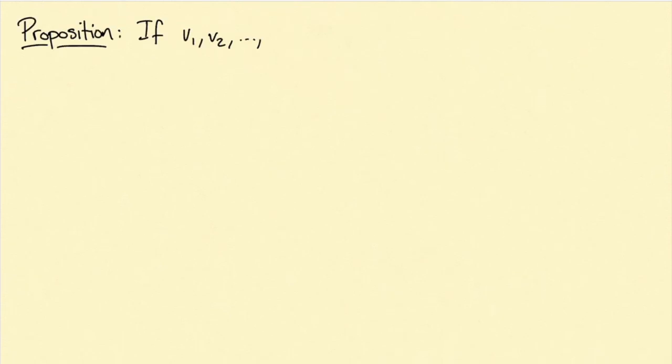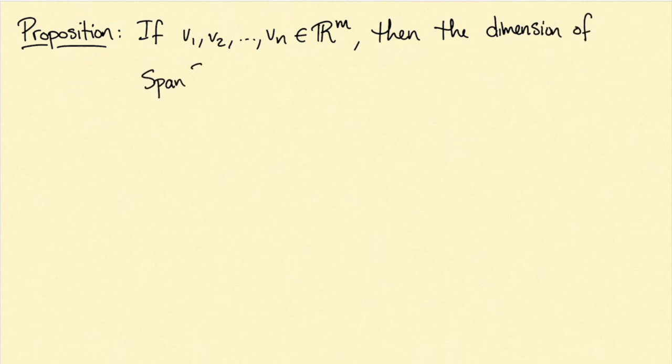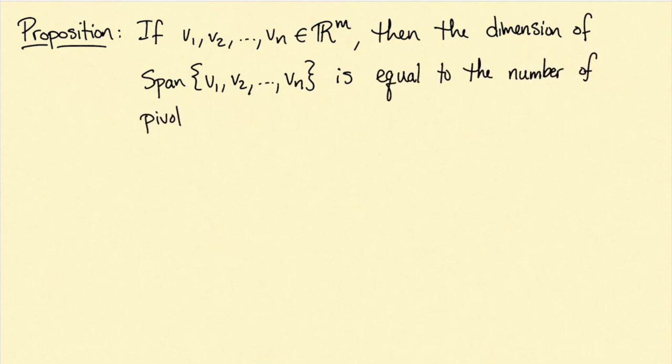If v1, v2, down to vn are m-dimensional vectors, then the dimension of the span of v1, v2, down to vn is equal to the number of pivot positions in the matrix whose columns are v1, v2, down to vn.